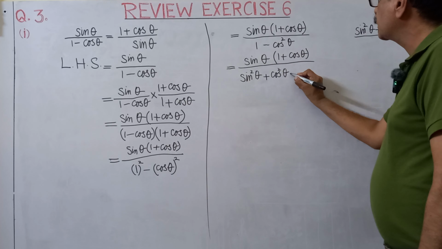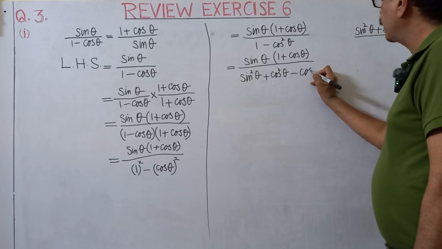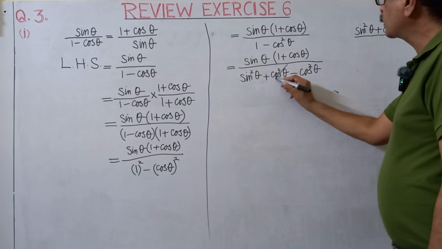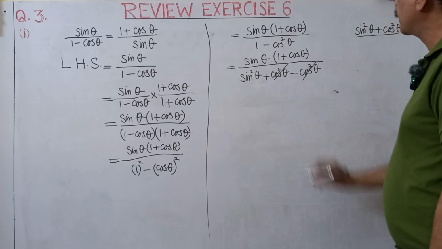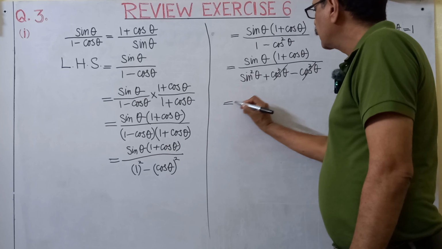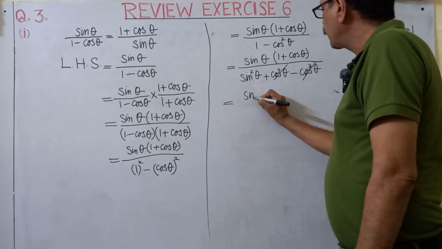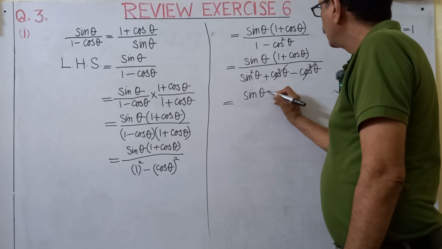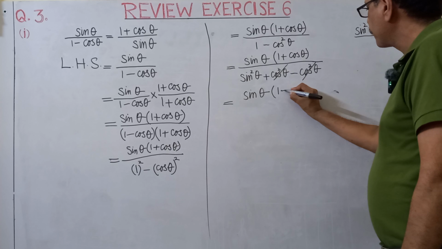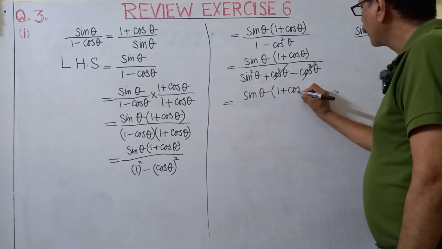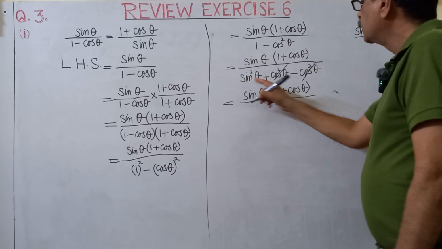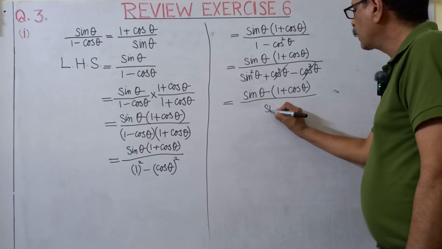Here comes minus cosine square theta. Plus cosine square theta cancelled with minus cosine square theta. Here comes sine theta into 1 plus cosine theta over sine square theta.